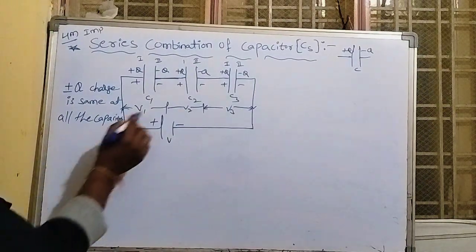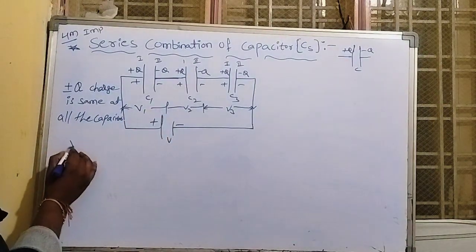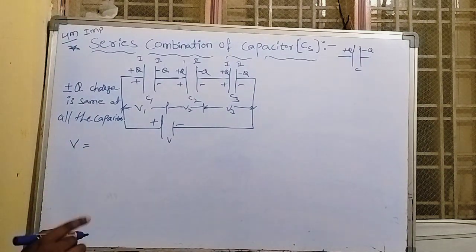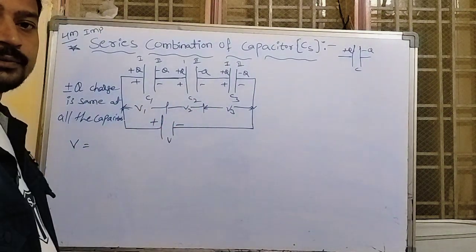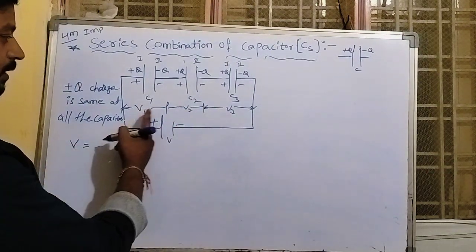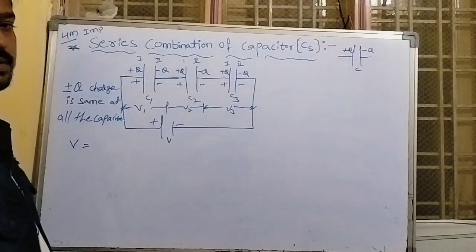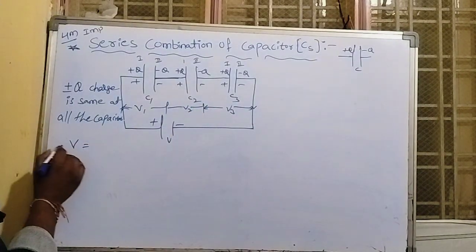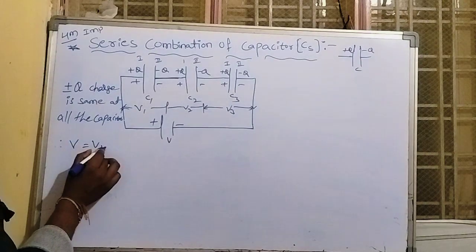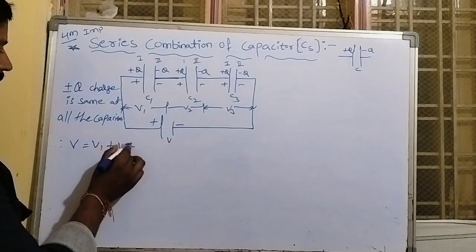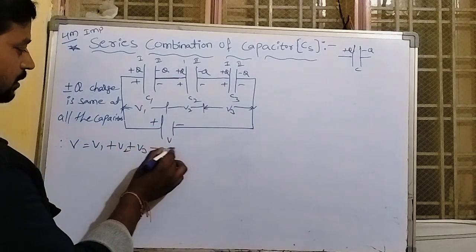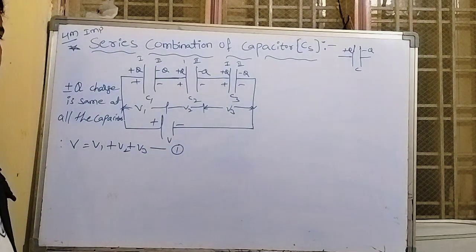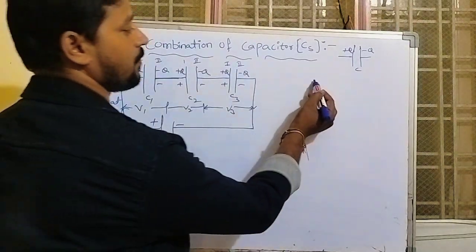Here consider the formula. The total potential drop V is equal to the sum of the potential drops on the capacitors. That is V is equal to V1 plus V2 plus V3. Consider this equation number 1. What is the capacitor formula?